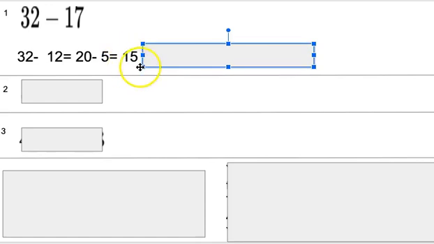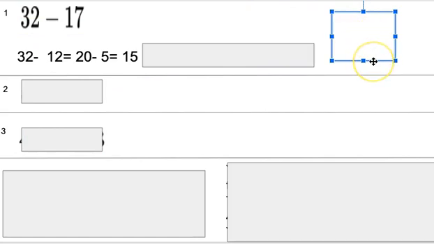Here's what I tried to do. I took the difference, because it's a fact family, we have 15, 17, and 32. Well, one way that you can do this problem is you can add together the 17 and you can add to that 15 and it should equal 32.